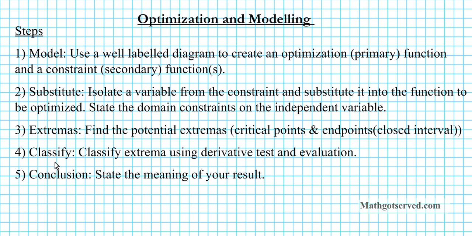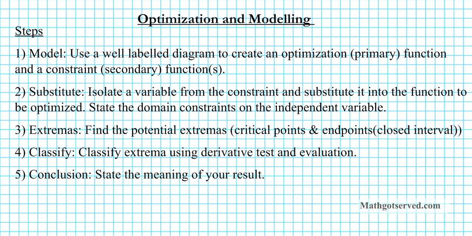And then part 4, we're going to classify our extremas. So we're going to either use the first derivative test or the concavity test to determine whether the critical points are a max or a min, and then we can also evaluate the endpoints to see if they are maximums or minimums.